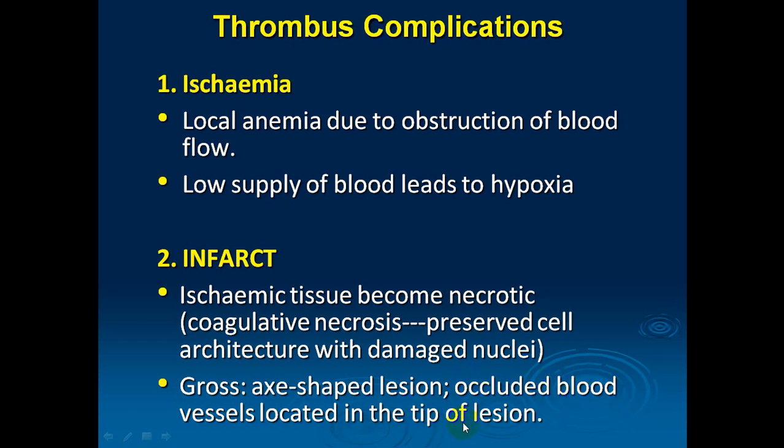So if it's triangle shape or X shape, in the tip of the lesions, that's actually where the main obstruction of blood vessels occurs. So that blocked vessel causes ischemia to the surrounding tissue.